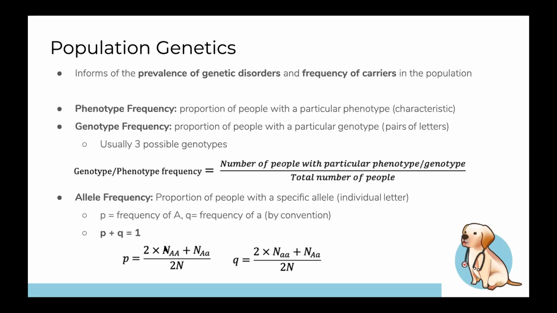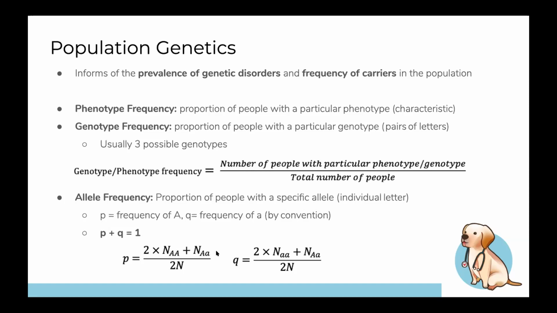The way you work out your p, it's essentially looking at the number of alleles that you have in a given population. Because we're looking at the dominant allele A, there's two dominant alleles for people with the genotype of capital A capital A. So you go 2 times the number of people with that genotype.